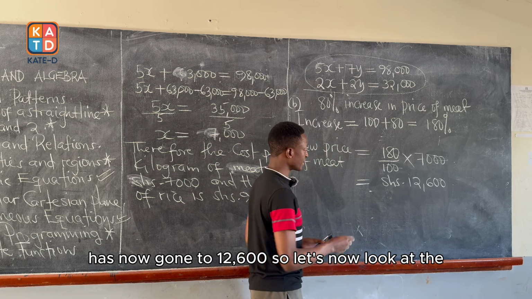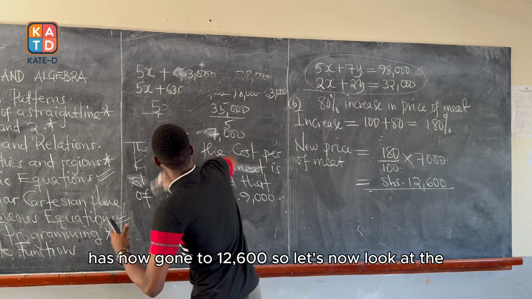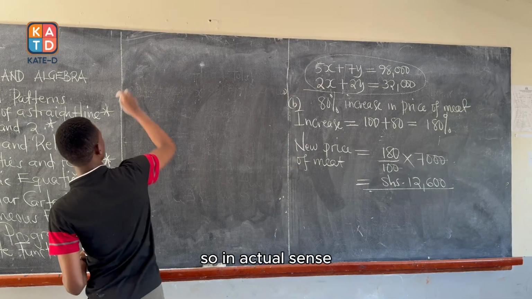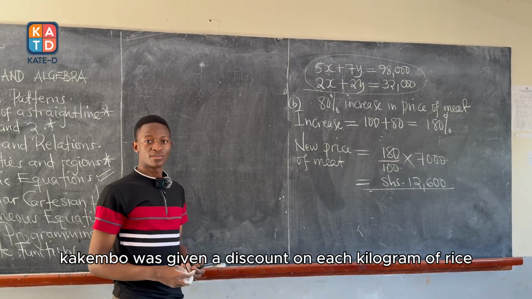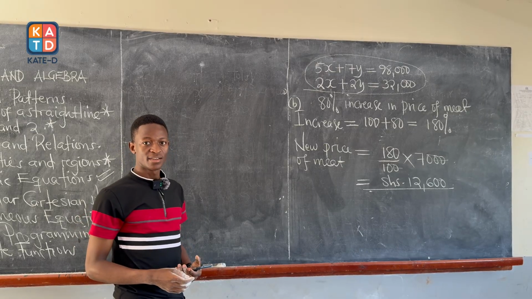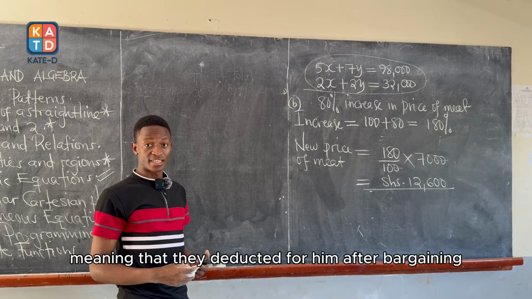So let's now look at the rice. Kakembo was given a discount on each kilogram of rice, which is a 25% discount, meaning that they deducted for him after bargaining.